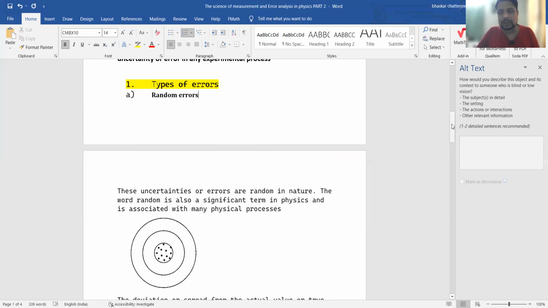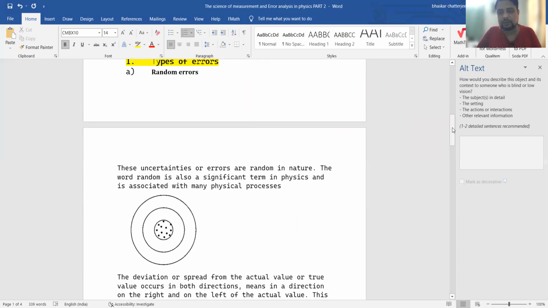There are other terms that will come in later sections. What is this random error? The word used here is random. Random means something which is not going in a defined way, which does not have a well defined direction of propagation.